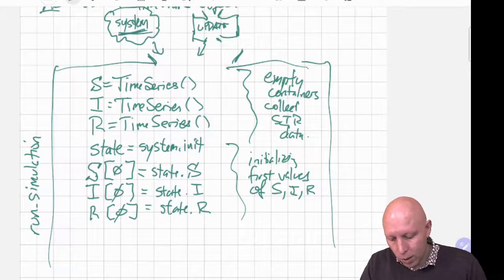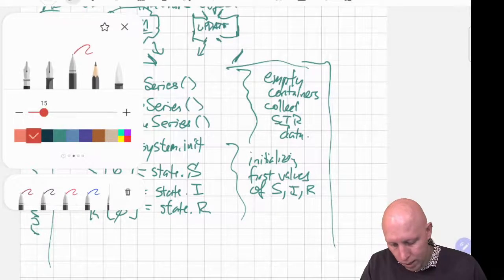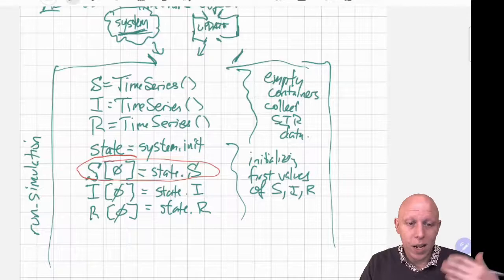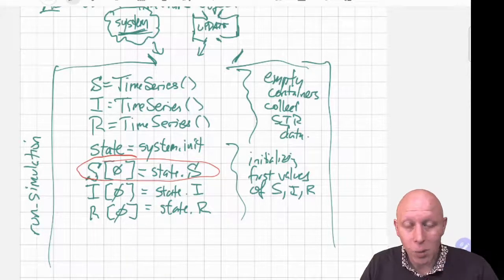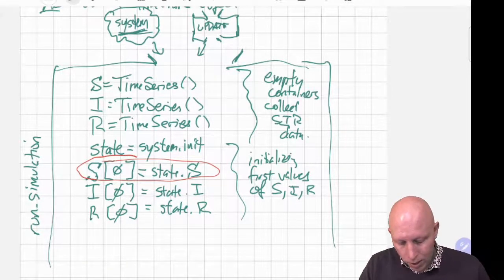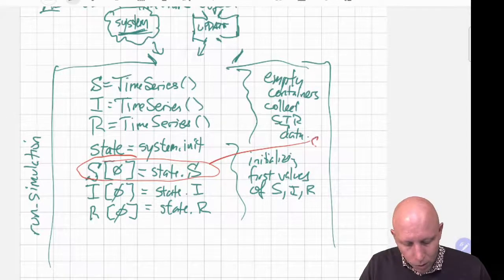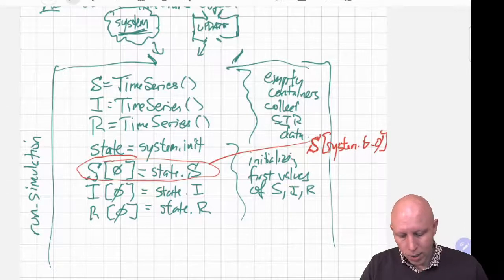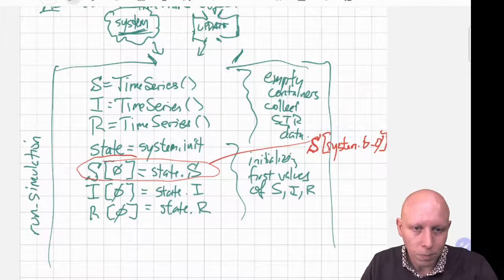I'm going to put a little note here on the side, which is that if our initial time is not 0, then you'll want to replace this by something that looks like S of system.t0 is equal to state.s.